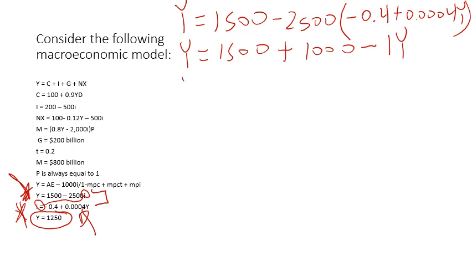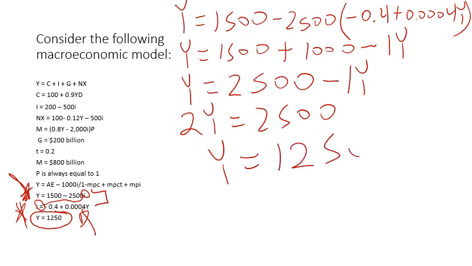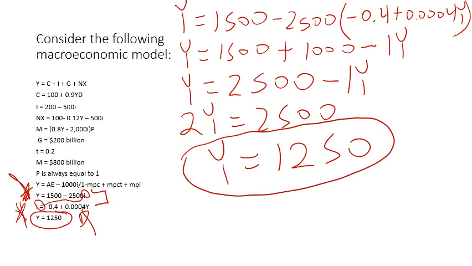All right, the next step is the following. 1,500 plus 1,000 is equal to 2,500 minus 1y. This becomes 2y is equal to 2,500. So y is equal to 1,250. So that's our y answer.